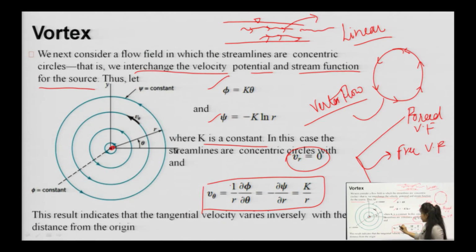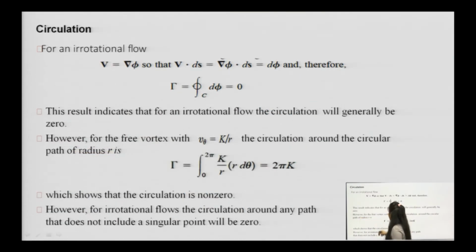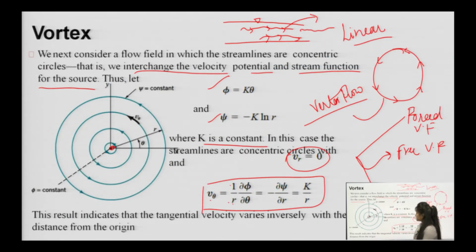This is 1 by r, meaning tangential velocity is inversely proportional to the radius from the origin of the flow. If we calculate tangential velocity, it is proven that it is always inversely proportional. These are the results.